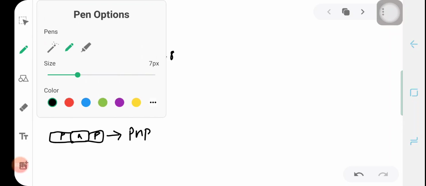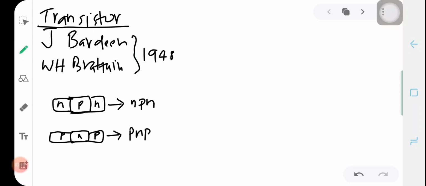Here we can see that in the npn transistor we have two pn junctions, one here and the other here, and also in the pnp transistor we have two pn junctions. So a transistor can be treated as two diodes connected back to back, and a transistor has three terminals unlike diodes.